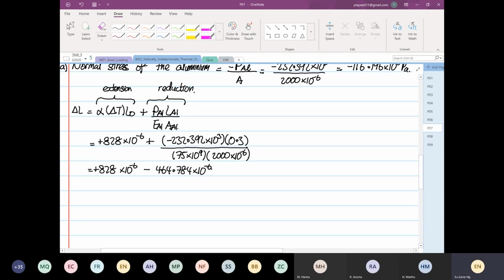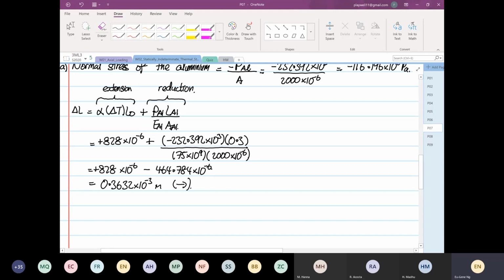So this will be equal to 828 times 10 to the power minus 6 minus 464.784 times 10 to the power minus 6, which is equal to 0.3632 times 10 to the power minus 3 meters, and it is going towards the right hand side.